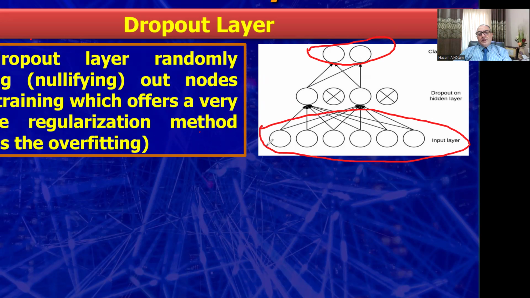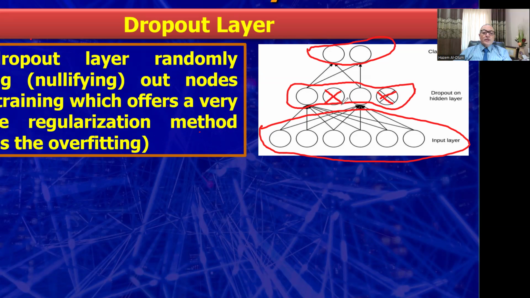This is the input layer. Now, instead of connecting all input layers to all neurons in the hidden layer, you may apply drop, remove, or disconnect, or not consider these neurons for some inputs, and this will lead to what we call dropout.